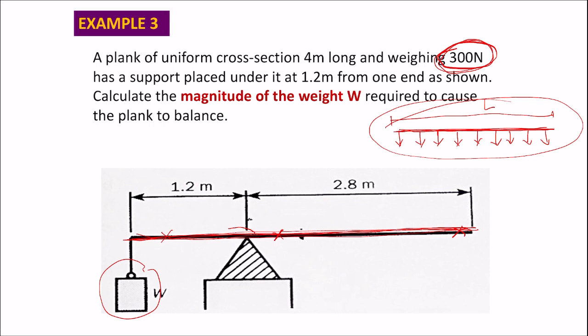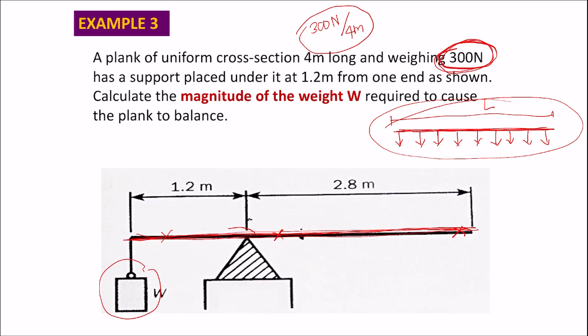Dia bukan untuk setiap 1 meter lagi. Okay, so kalau kira untuk setiap 1 meter, meaning that 300 Newton you kena bagi dengan 4 meter, which is this is the length untuk setiap 1 meter plank. Right. So here dia dah bagi 300 Newton, it is the total load of the plank.